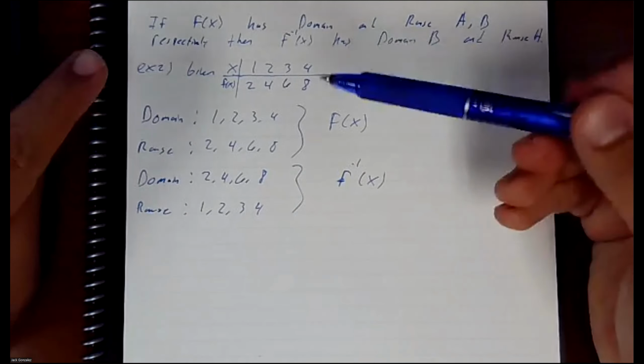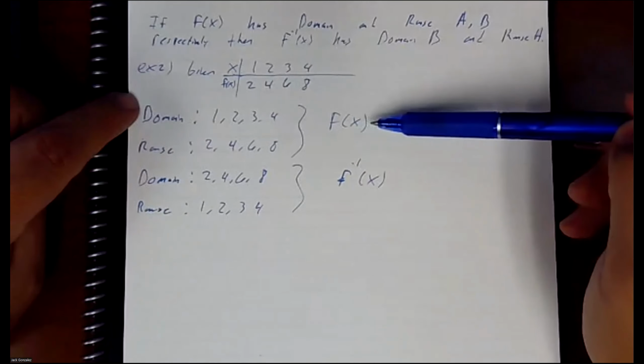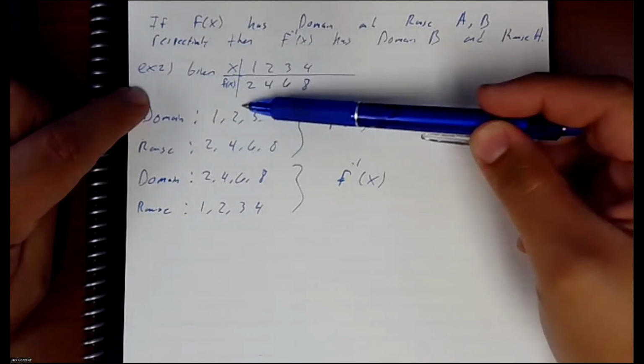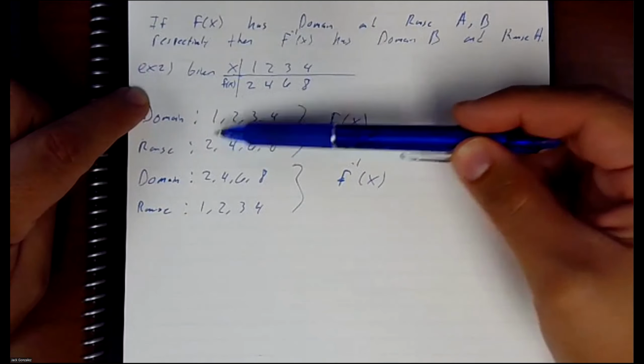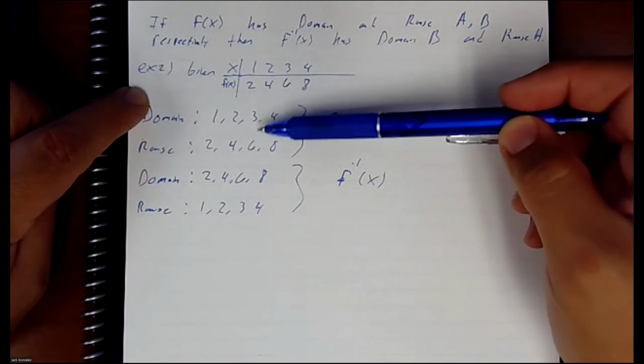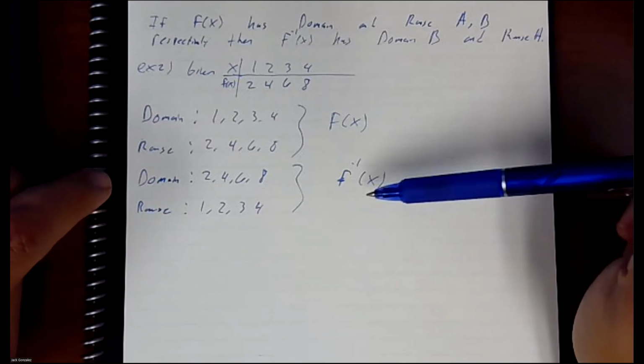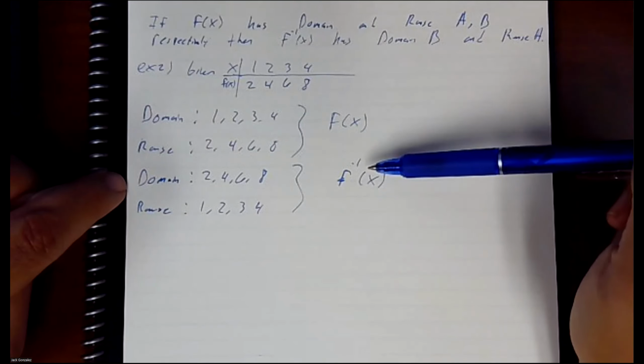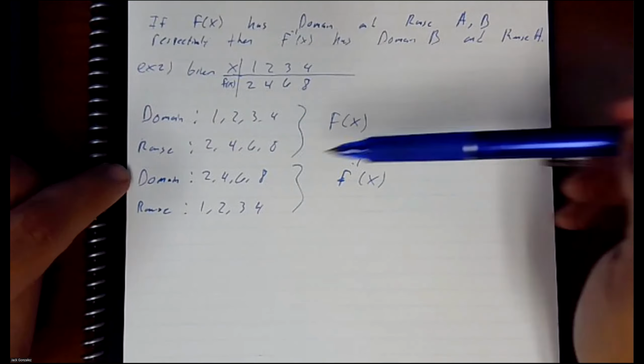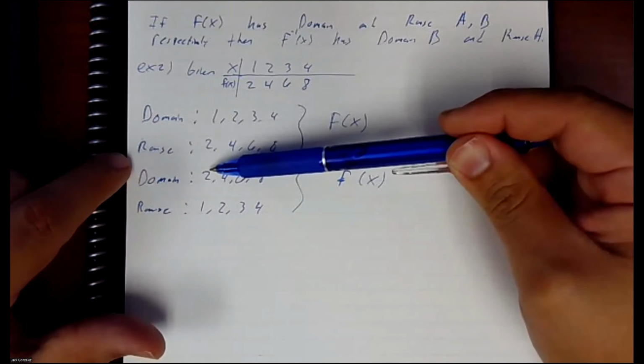So remember what we said, right? This particular function is doubling my numbers, right? It takes the 1, makes it a 2. Takes the 2, makes it a 4. See that? The inverse undoes whatever the function did. That's the purpose. It's a very important idea.